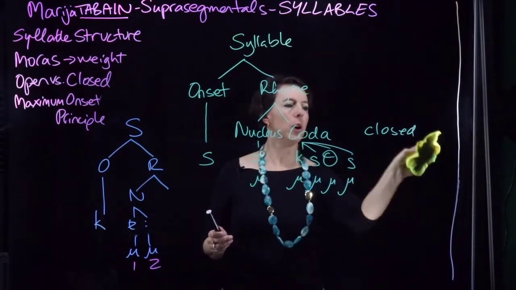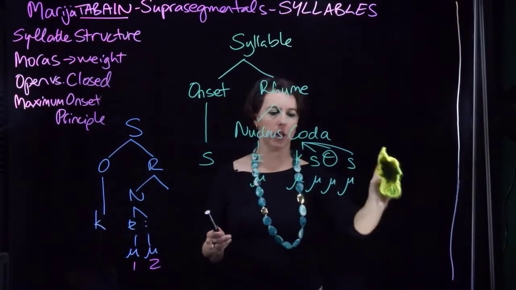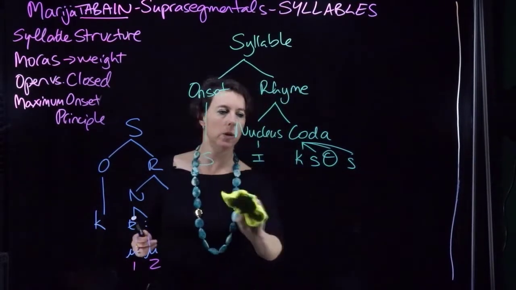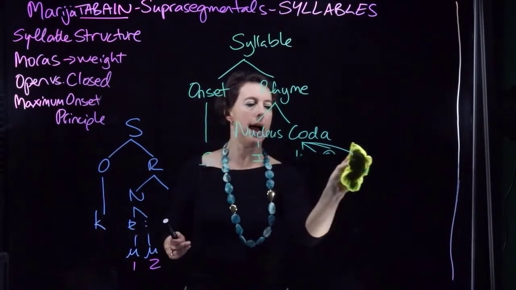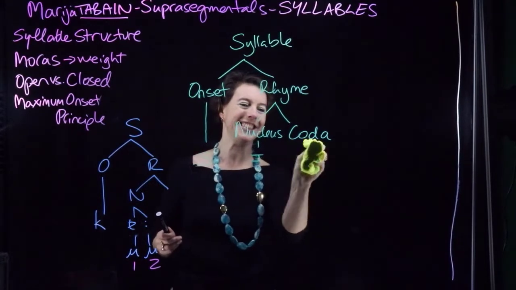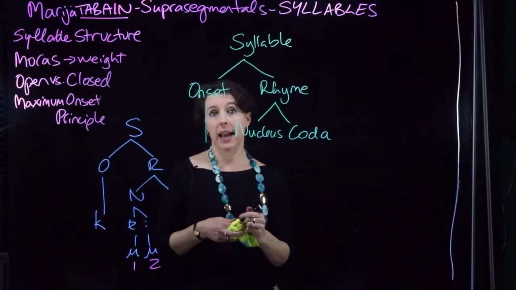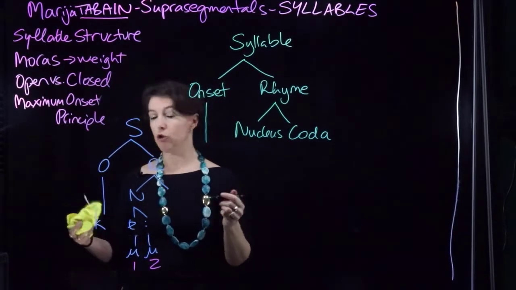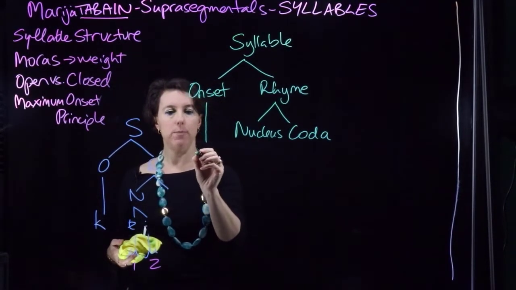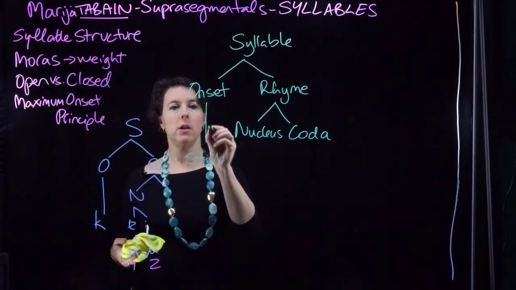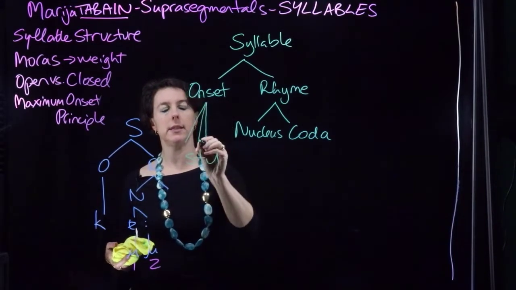We can also have quite complex onsets in English. So we could have a word like strong, so that would be s-t-r. All of a sudden we've got 3 onsets there.